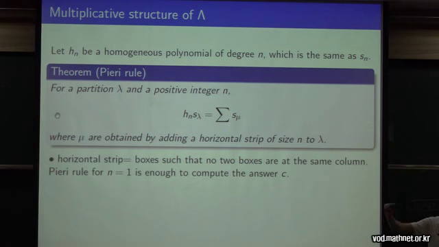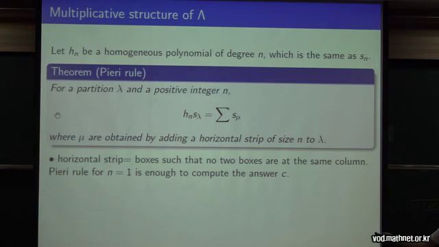Horizontal strip basically means that you are just adding boxes, but you're not allowed to add two boxes in the same column. But for our question, I'm just going to set n equal to 1. So when n is 1, mu can be obtained from lambda by adding one box.